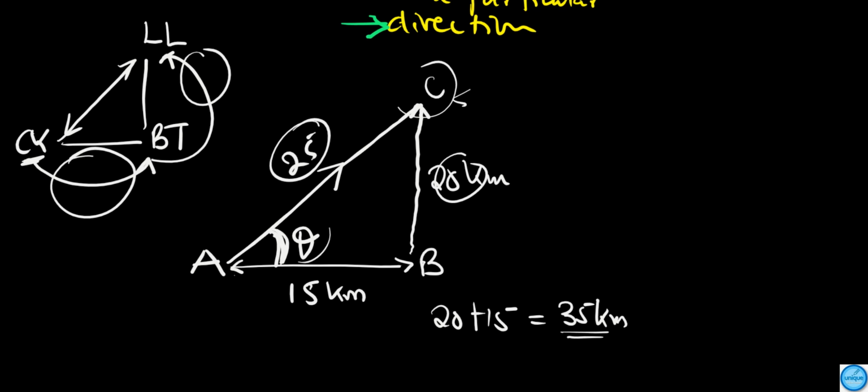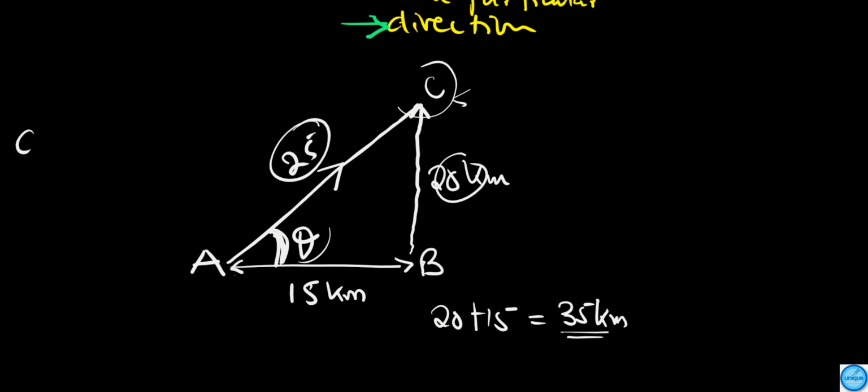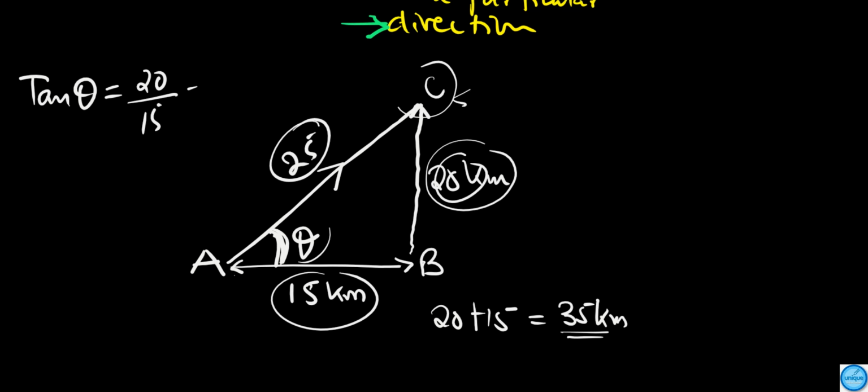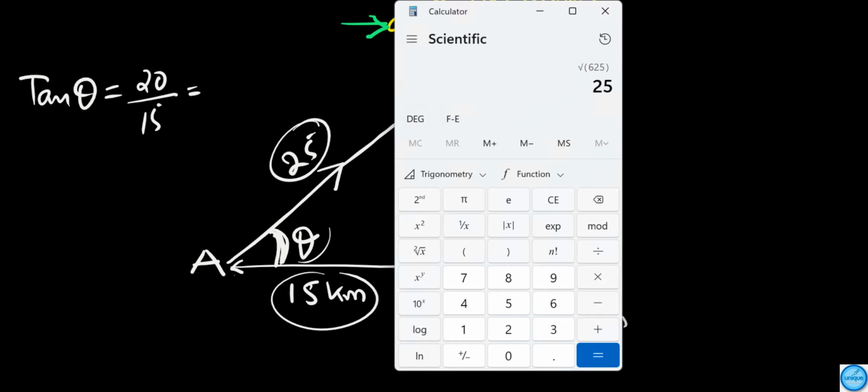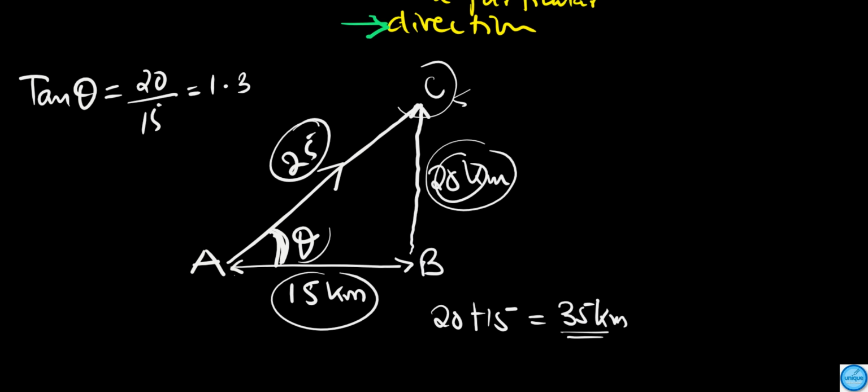In this case we can just use, let's say, tan. So tan theta is equal to opposite, that's 20, over adjacent, that's 15. So 20 divided by 15 gives 1.33.